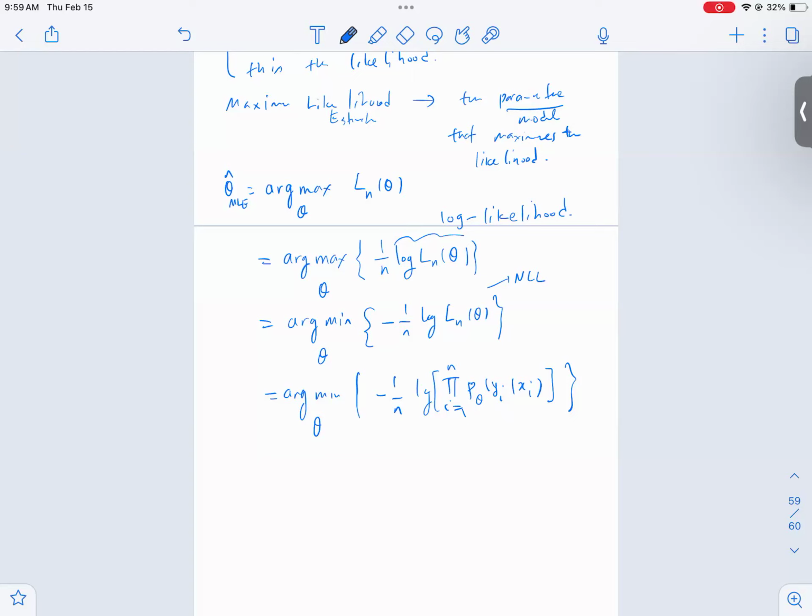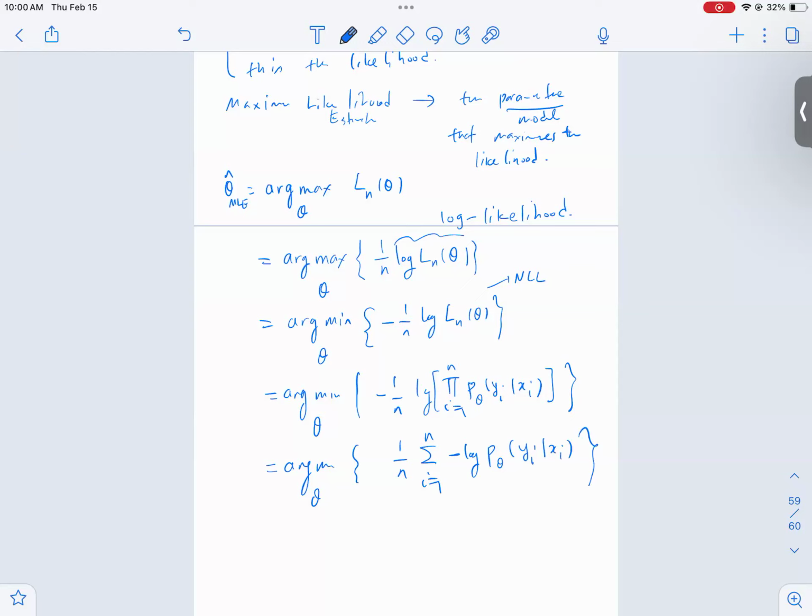Log of a product is the sum of the logs. So this is really argmin over theta of minus 1 over n, summation i from 1 to n. I'm going to put the minus inside. Log p theta of yi given xi.